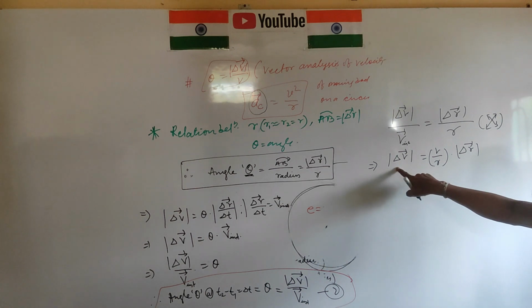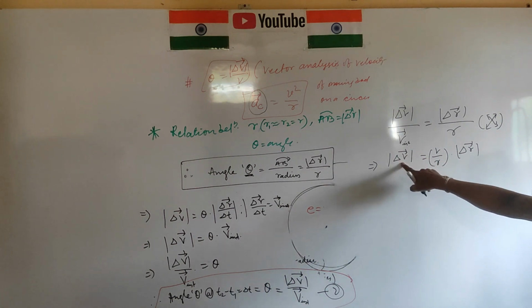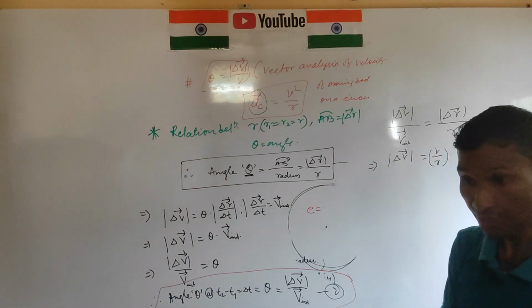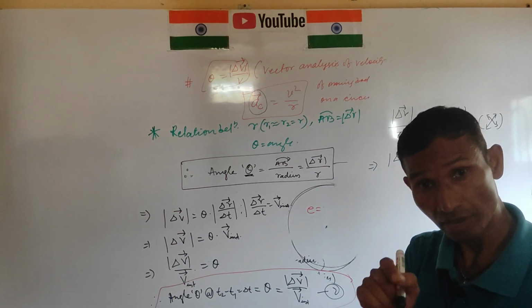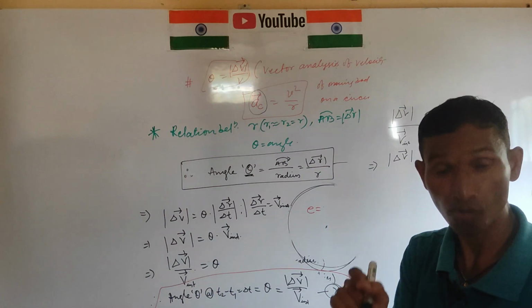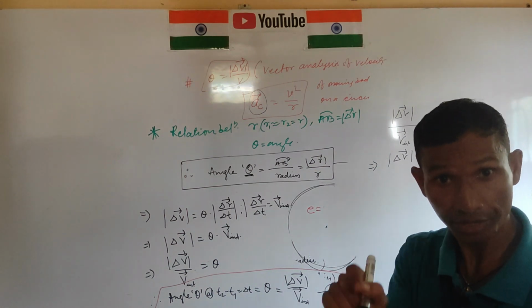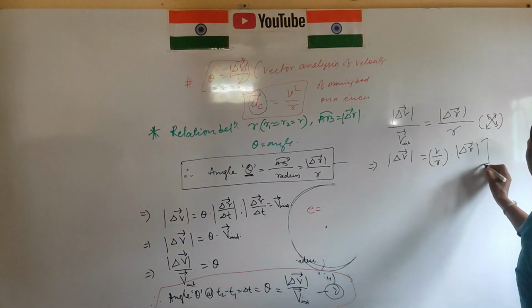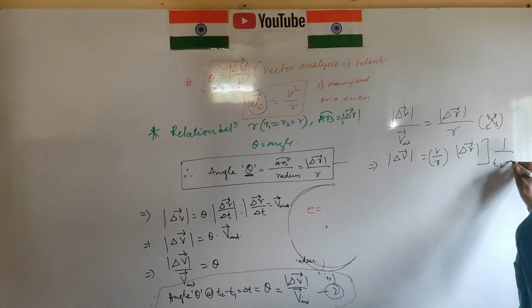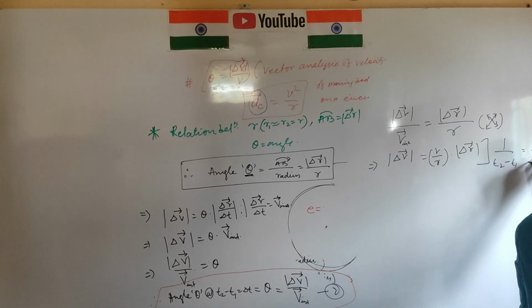Left side is instantaneous velocity, and the instantaneous velocity is related to the instantaneous time. Instantaneous velocity of the body which is revolved in the circular path is related to the instantaneous time. So it is divided by T2 minus T1, that is equal to 1 by delta T.